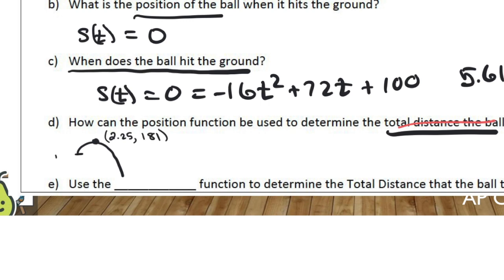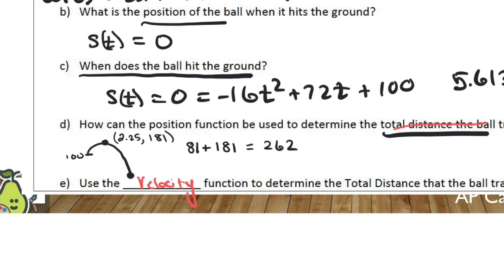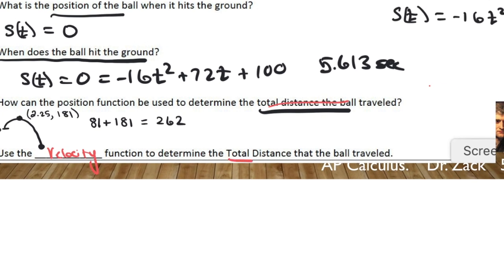So if your initial height was 100 and you go to 181, while traveling upward, the ball went 81 feet. And then to get back down to the ground, it has to go another 181 feet. So in order to use the position function, you can determine the total distance traveled by adding the upward component and the downward component. But you can use your velocity function to determine the total distance traveled as well.